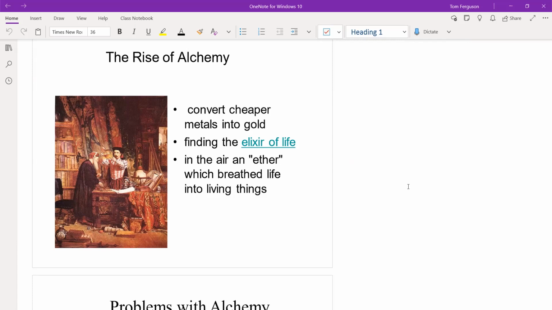But the kings paid them to make gold from lead usually. And the alchemists were very powerful, and they had a lot of shady ways to show that they could make gold. Usually they made iron pyrite, fool's gold, because the kings didn't know the difference.